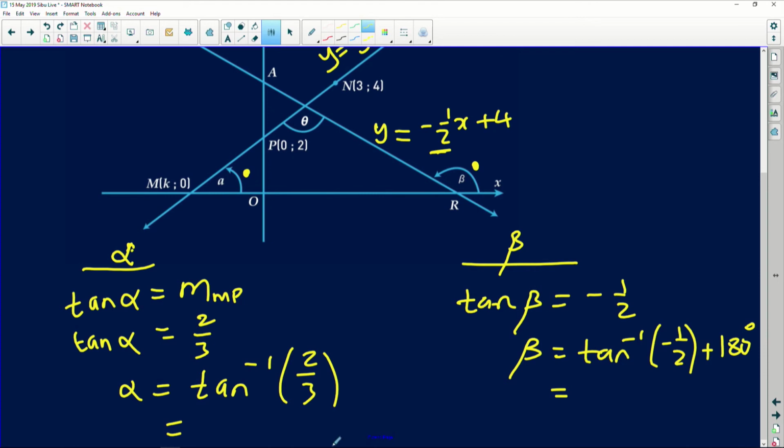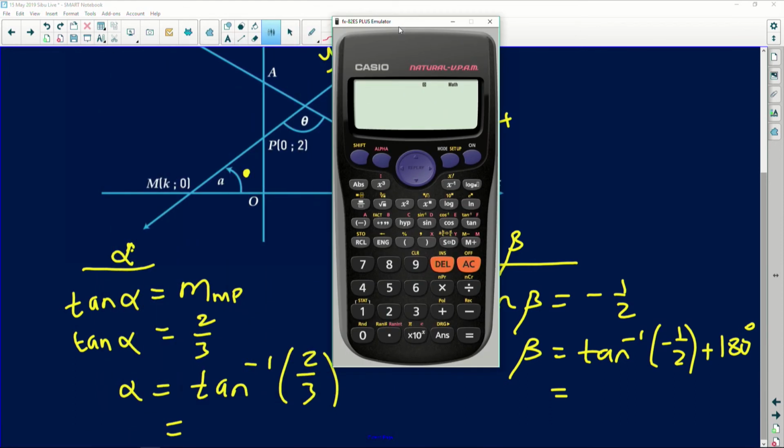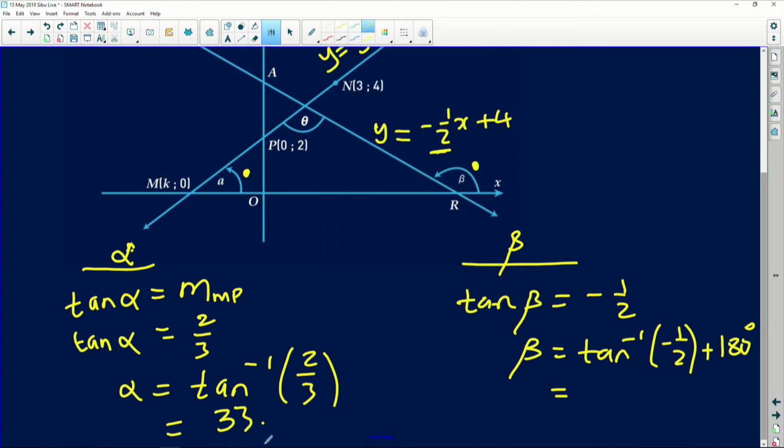Right, so let's see what will happen with this question. Very simple. I'm going to get my calculator so that I can work out the value of whatever we need here. So shift tan of 2/3. What do you get when you do this? Well, you get 33.69 degrees. Right, let's go and get the value of beta now. We just found our alpha.